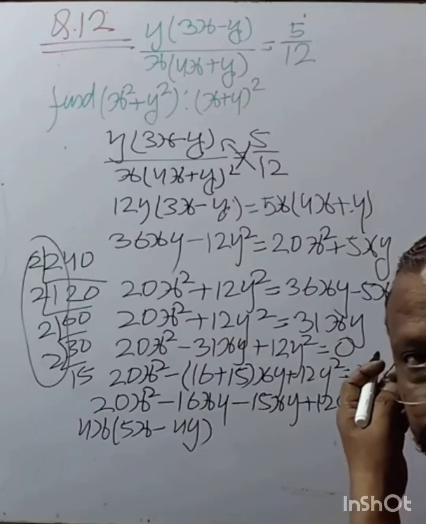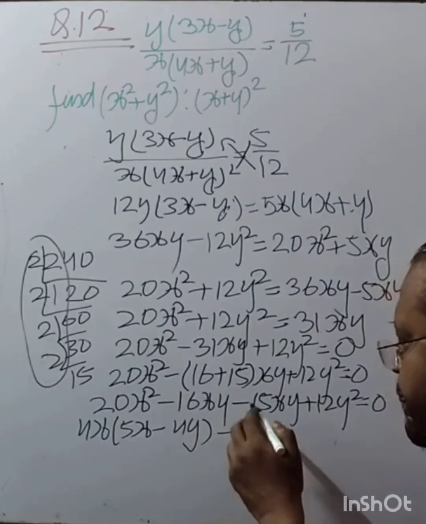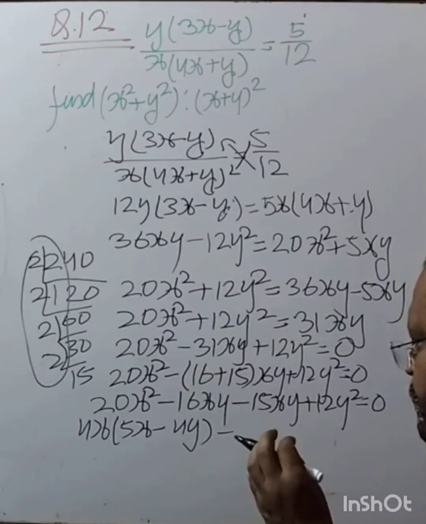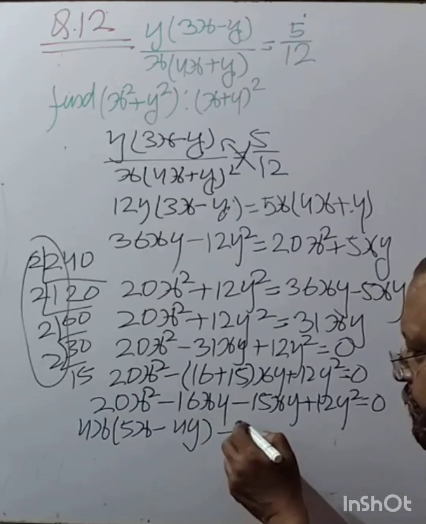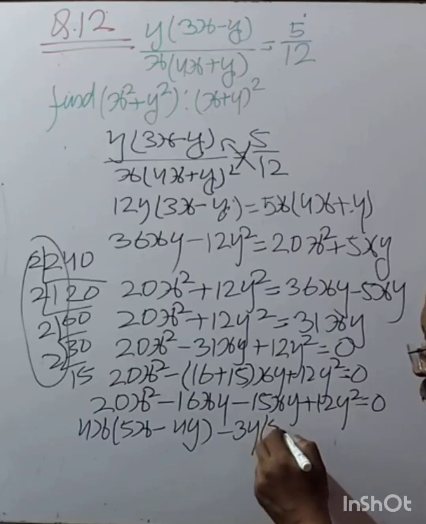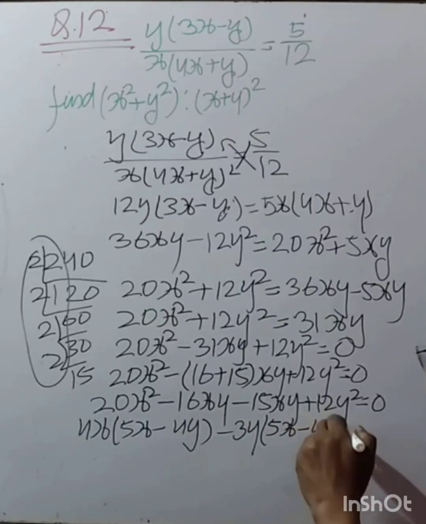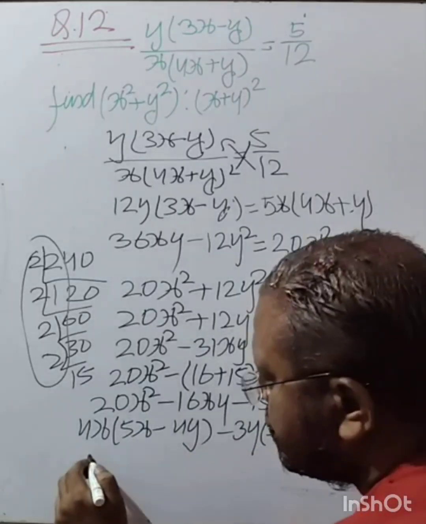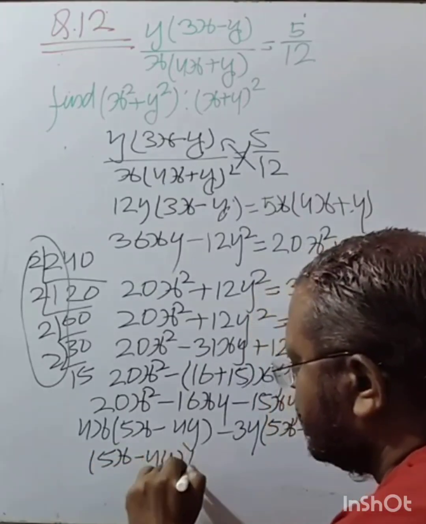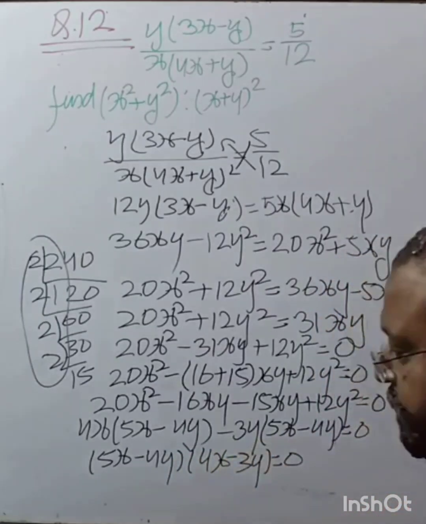Yes. You get this? Minus, if you take 3y as a common, so you get 5x minus 4y is equal to 0. So there is 5x minus 4y is equal to 4x minus 3y is equal to 0.